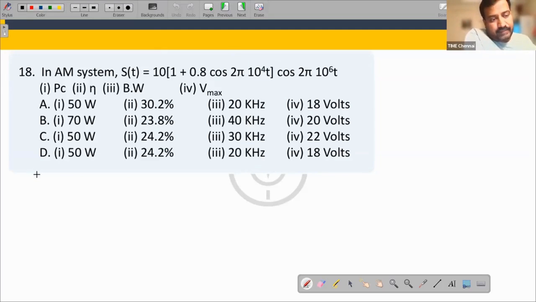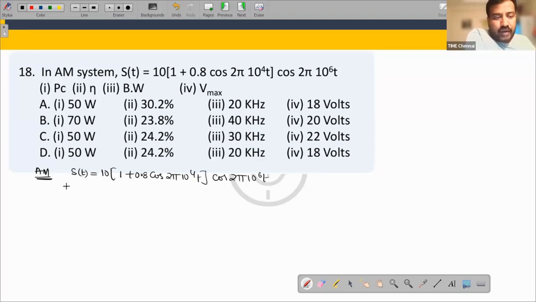In an AM system, S of t is given as 10 into 1 plus 0.8 times cos 2 pi into 10 power 4 t, cos 2 pi into 10 power 6 t. Now, this is of the form AM single-tone modulation.